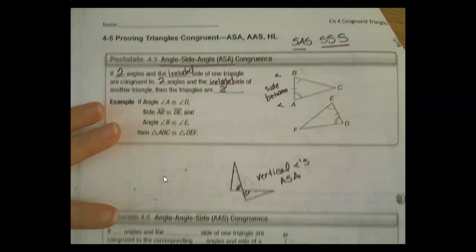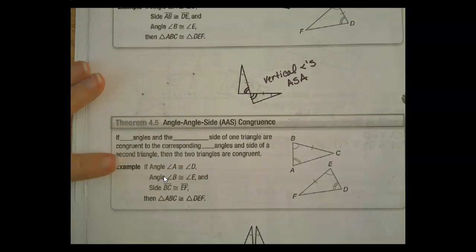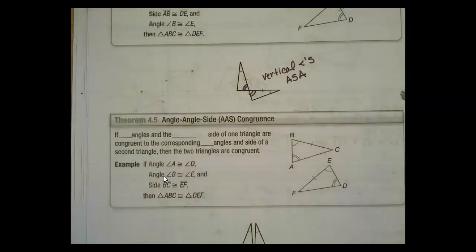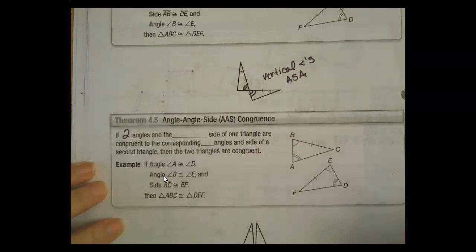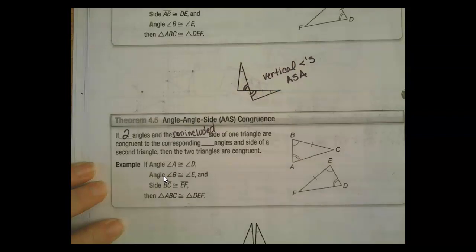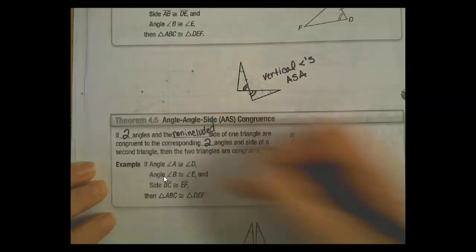Okay. Next, angle, angle, side. If two angles and the non-included side of one triangle are congruent to the corresponding two angles and a side of a second triangle, then the triangles are congruent.